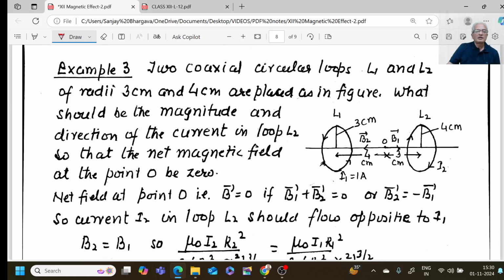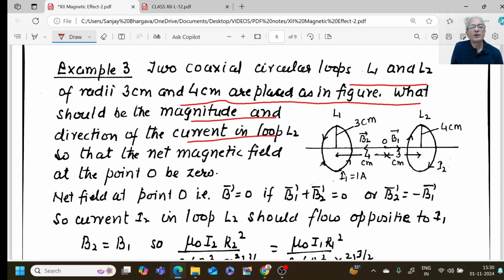Now example number 3. Two coaxial circular loops L1 and L2 of radius 3 cm and 4 cm are placed as in the figure. What should be the magnitude and direction of the current in the loop L2 so that the net magnetic field at the point O becomes 0? Net field at the point O, that is B, must be equal to 0.